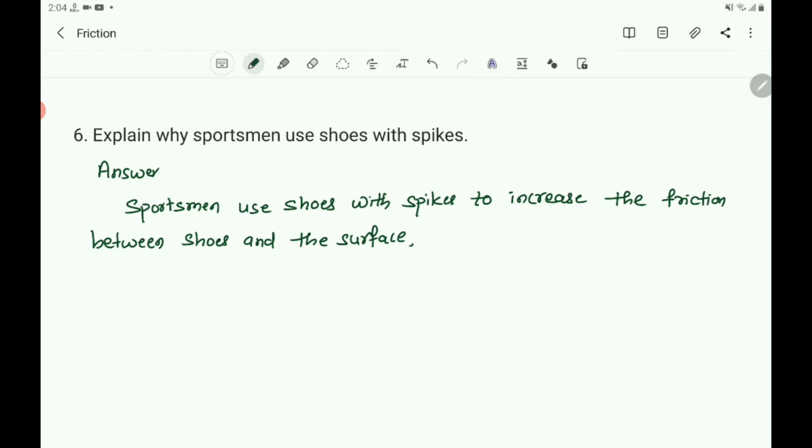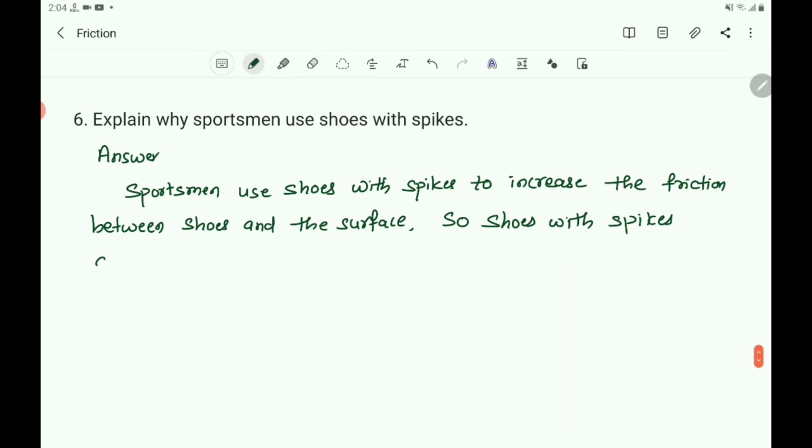So the shoes with spikes avoid slipping on the ground while the sportsmen run and play.